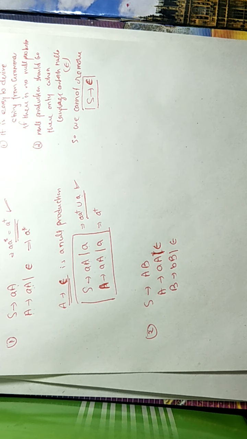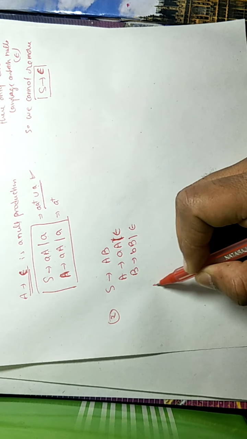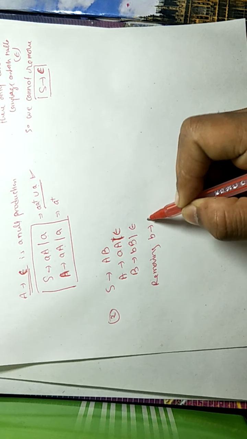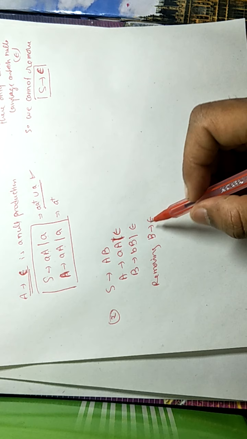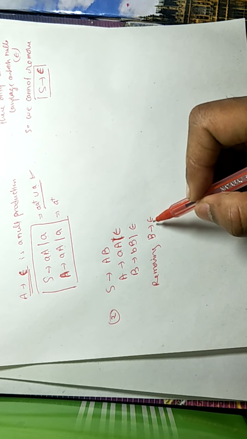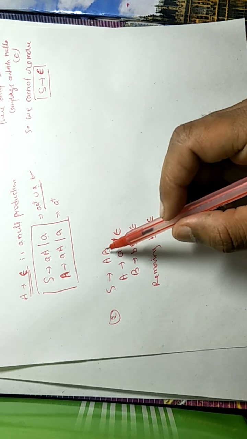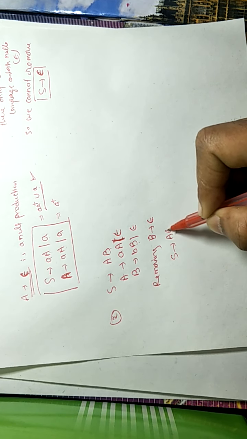So we have to remove them one by one. Removing them one by one, let us remove B tends to epsilon first. So we need to look where B is used. B tends to epsilon is used here, or can be used here. So write the remaining grammar as it is.